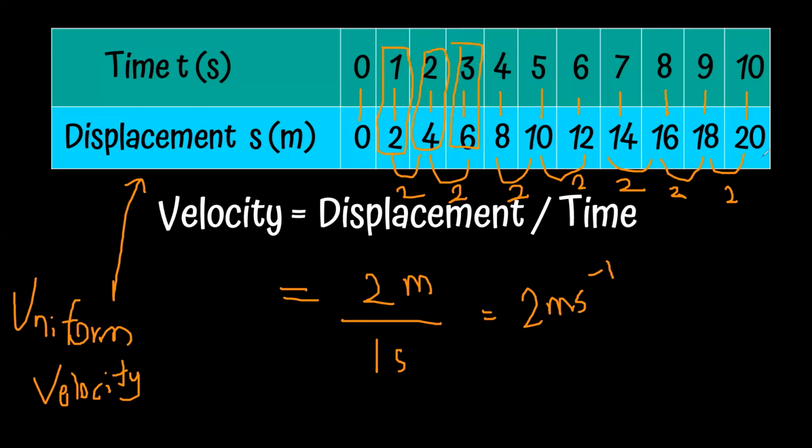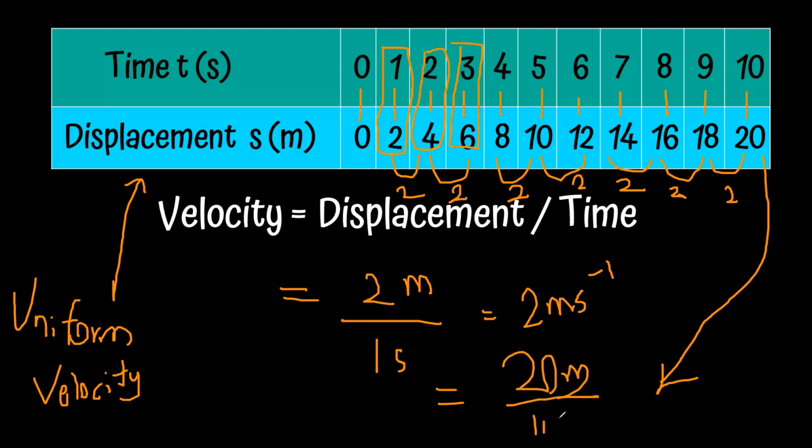Okay, let's take this displacement 20 meters and the time is 10 seconds, and the velocity is 2 ms minus 1. The same answer. So these kind of velocities can be named as uniform velocities.